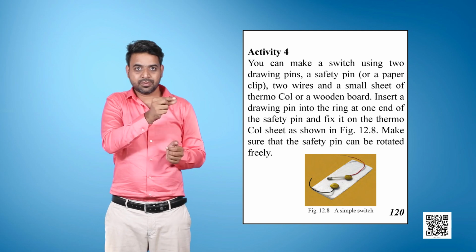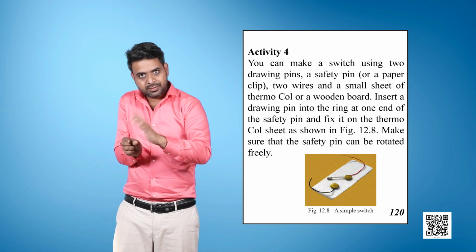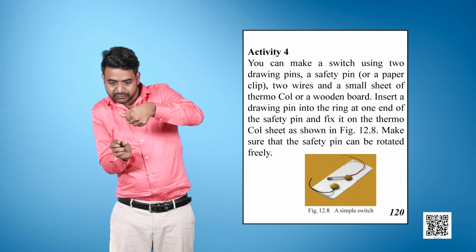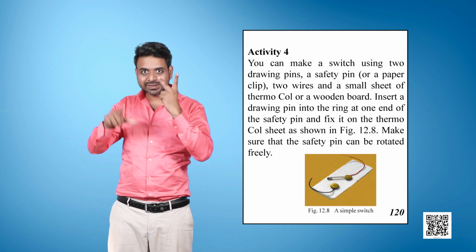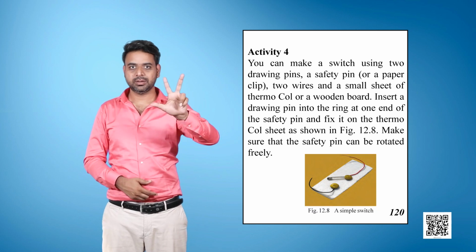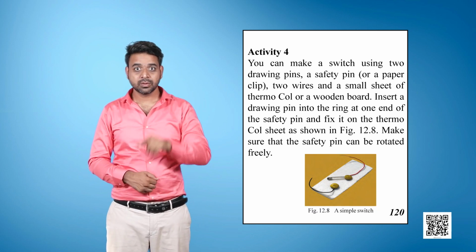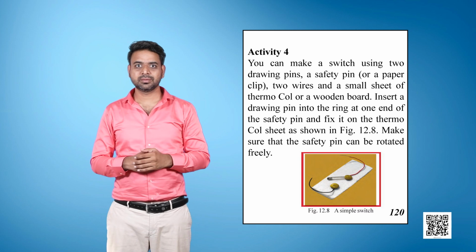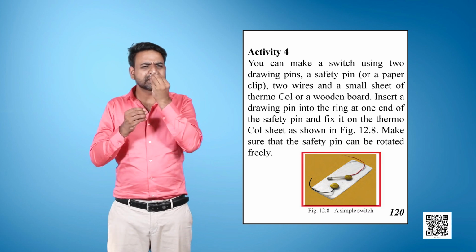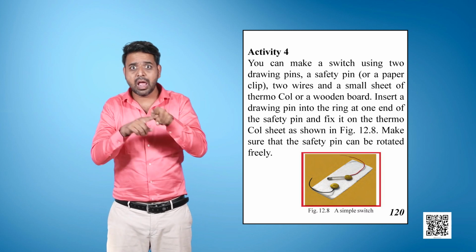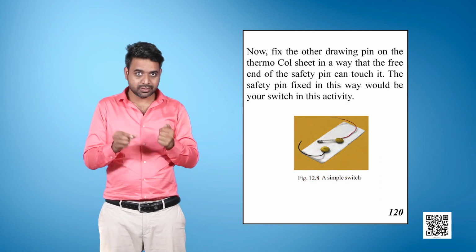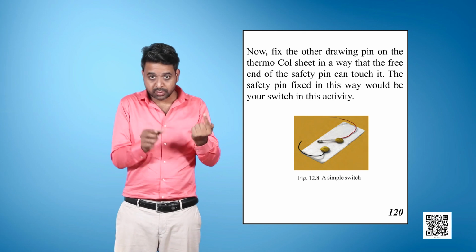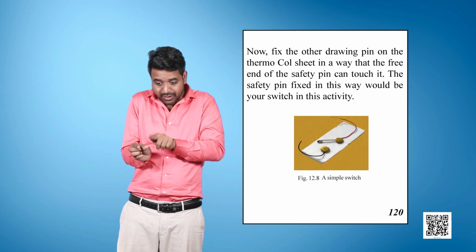Insert a drawing pin into the ring at one end of the safety pin and fix it on the thermocol sheet as shown in figure 12.8. Make sure that the safety pin can be rotated freely. Now, fix the other drawing pin on the thermocol sheet in a way that the free end of the safety pin can touch it.